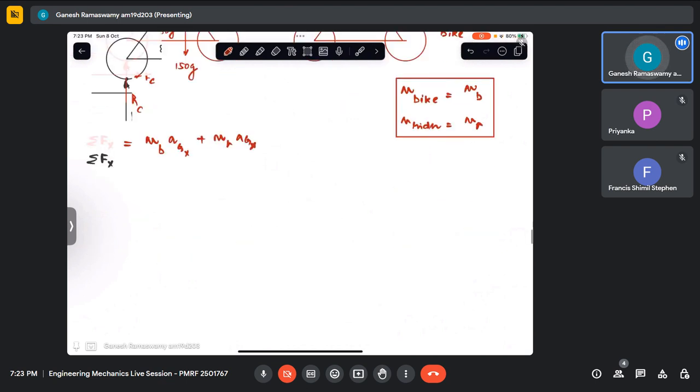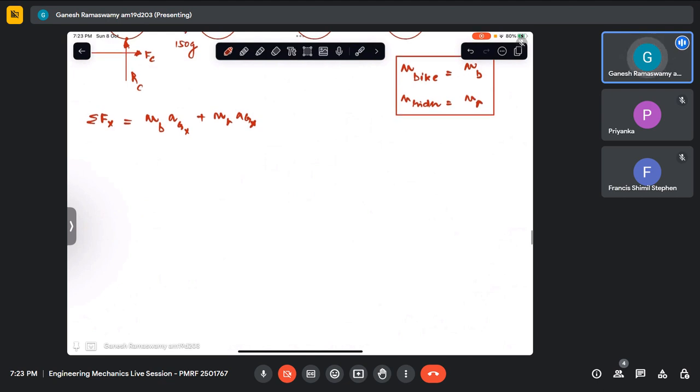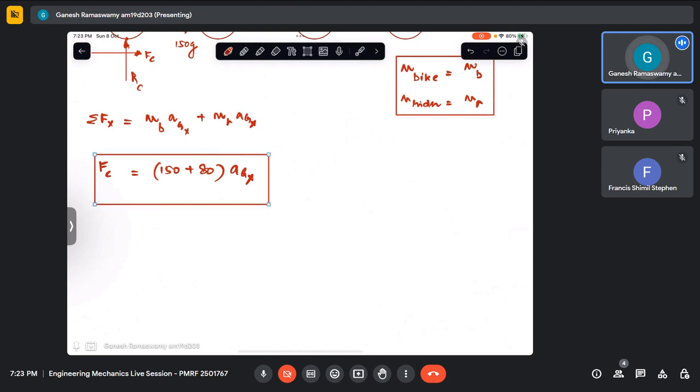So what all are the forces in this direction? We have F at point C is equal to, what is the mass of the bike? It is 150 plus 80 into a g x. So we have one equation over here.